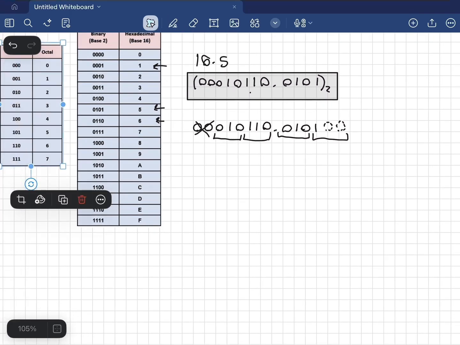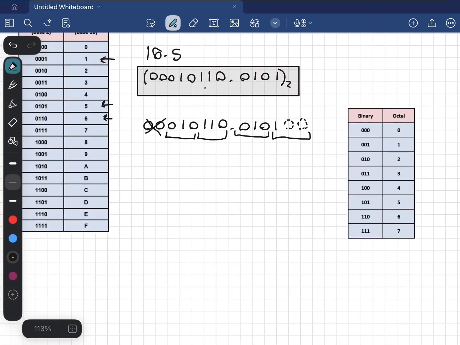So now moving to the octal table, we see in the beginning that 010 will correspond to 2. 110 corresponds to 6, decimal point. 010 corresponds to 2, and 100 corresponds to 4. So the final answer in octal form will be 26.24.